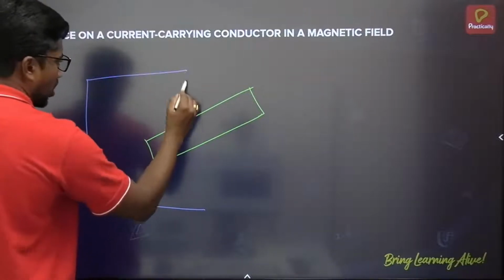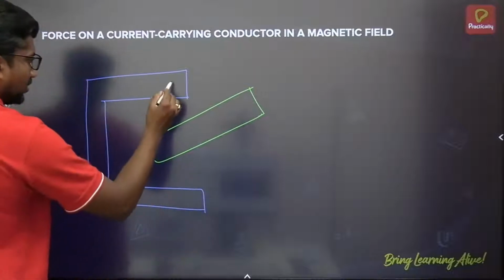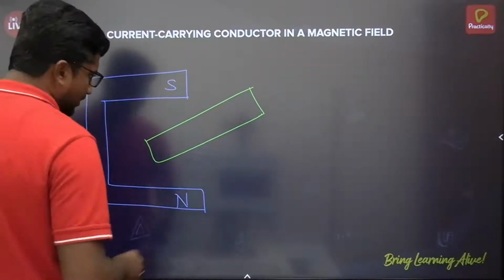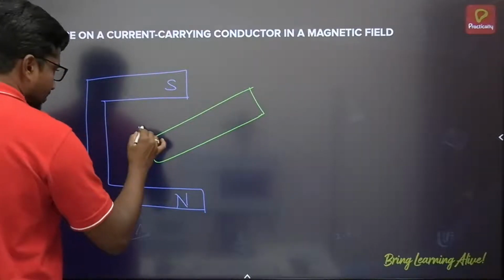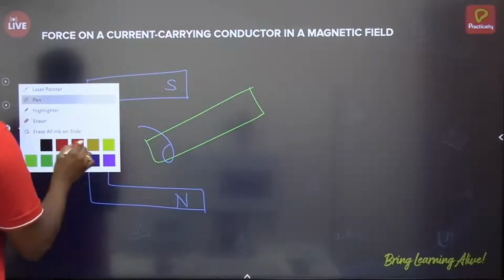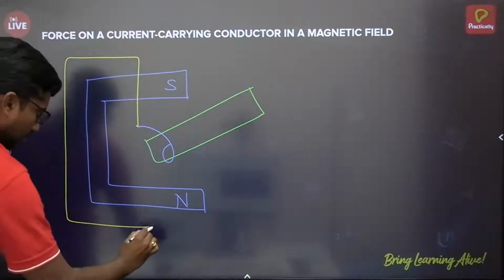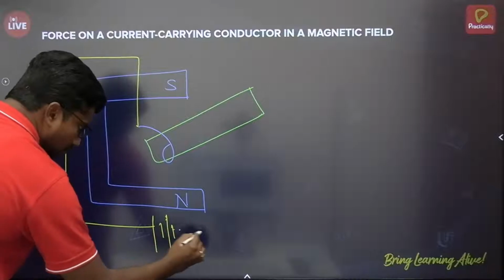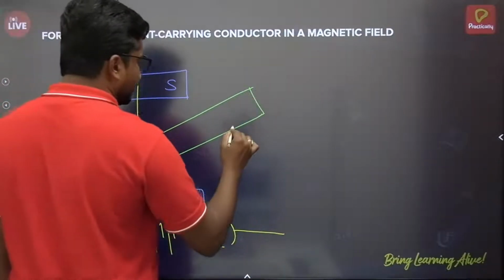To develop a strong magnetic field, we are taking a horseshoe magnet that consists of south and north poles. Now I am connecting one end of the rod to a voltage source as shown in the figure like this.